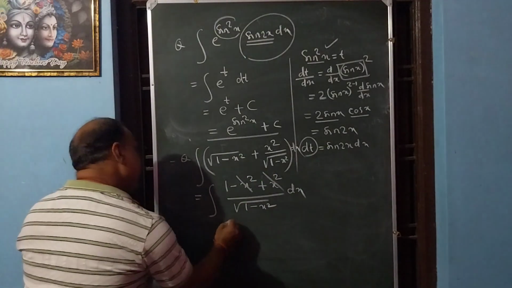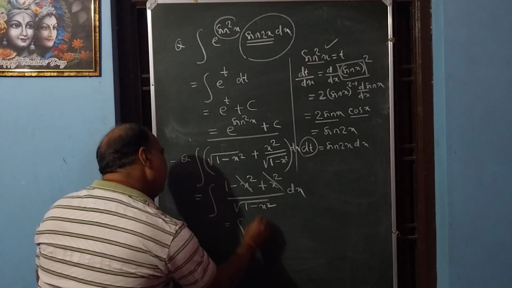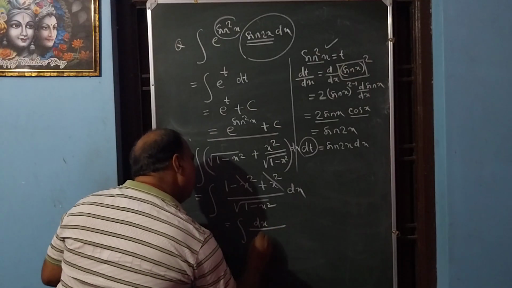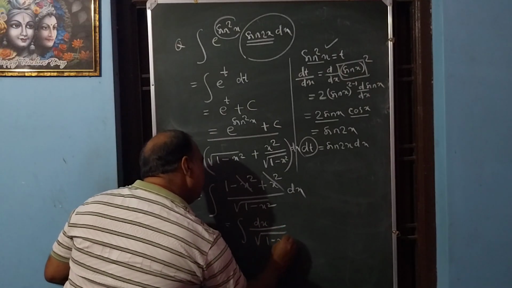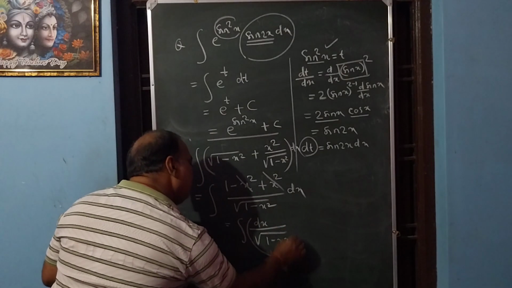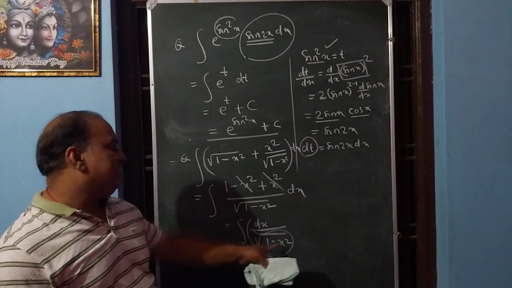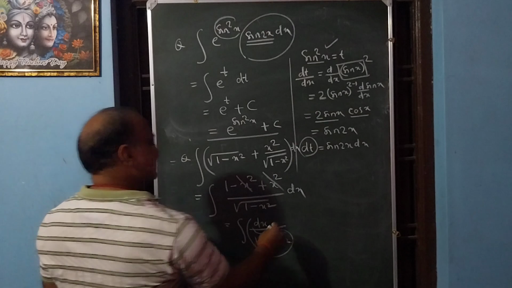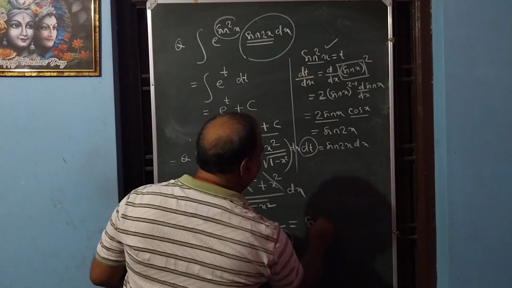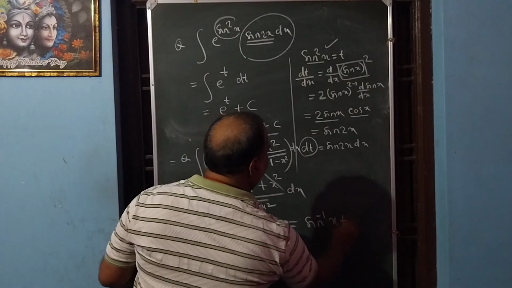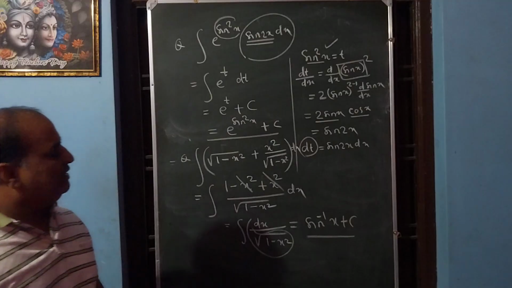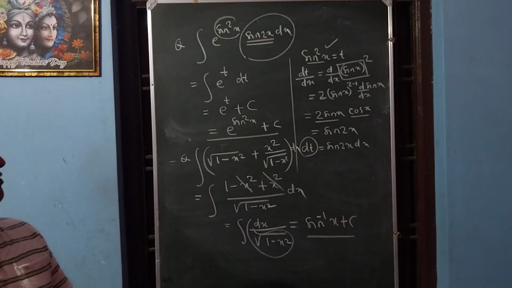Then we get the integration of dx upon root over 1 minus x square, whose derivative is 1 by root 1 minus x square. And the integration of 1 upon root over 1 minus x square is sin inverse x plus c. Okay, sin inverse x plus c.